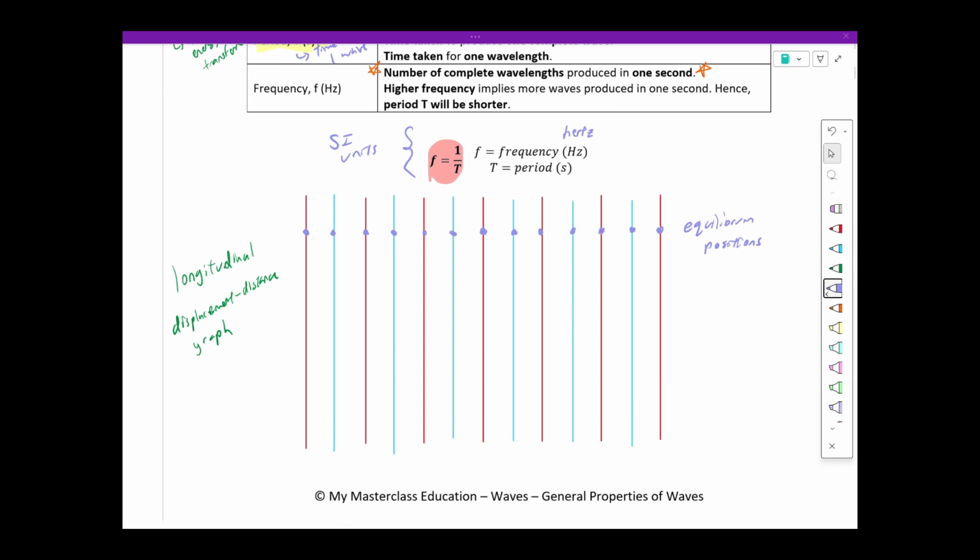So you can just imagine when there is a wave, this one will move here, this one will move here, this one will be in the center, this one will move here, this one will move close like this, and this one in the center, this one moves here, and this one moves here.